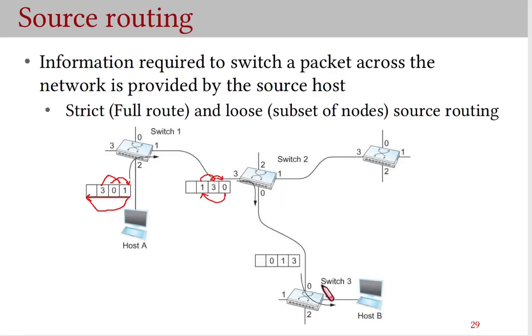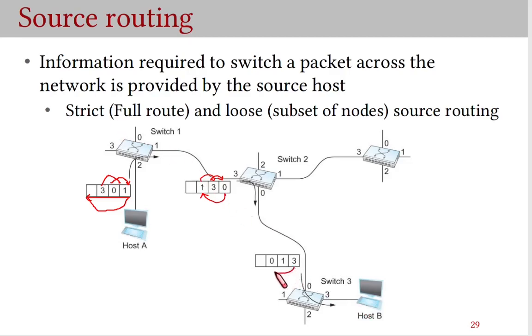And then again it comes to switch 3. Now the rightmost entry is 3, and so switch 3 forwards it on its interface 3. And this message reaches host B. Note that when host B receives this message, this would have been rotated back.